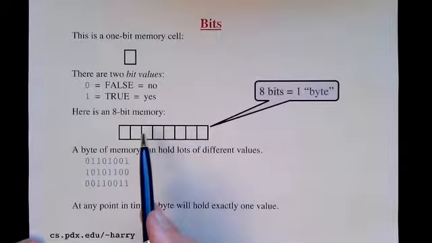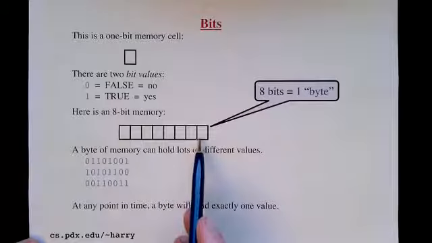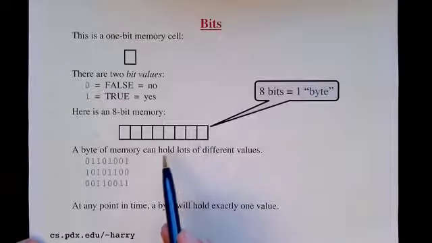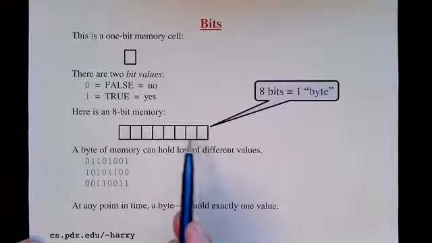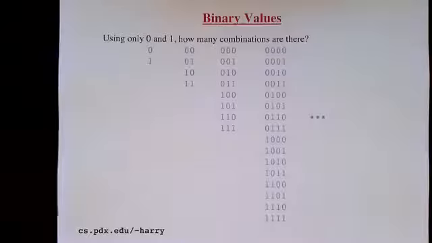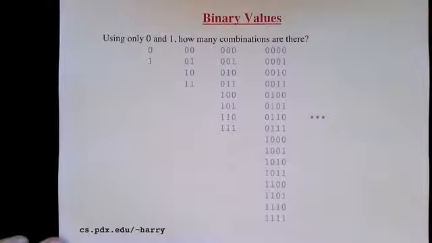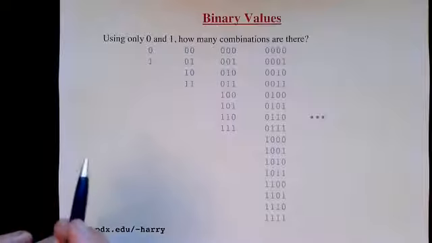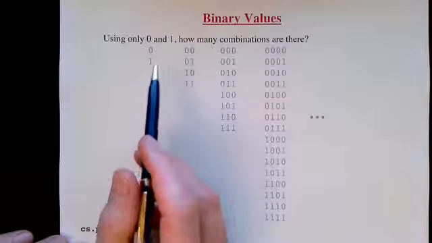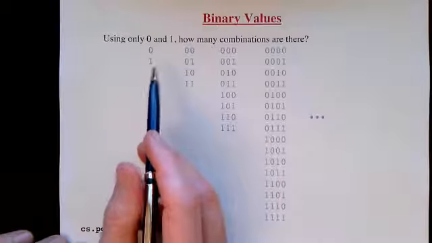Now there are lots of different values that we could put into these 8 bits, into this 1-byte memory. And the next thing we want to talk about is how many different combinations are there? How many different bit values can this 8-bit cell hold? To analyze how many different possible values we can get into our 8-bit memory, let's start and look at just a 1-bit memory cell.